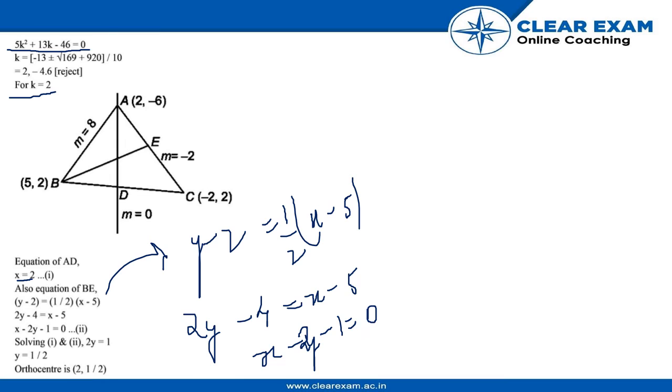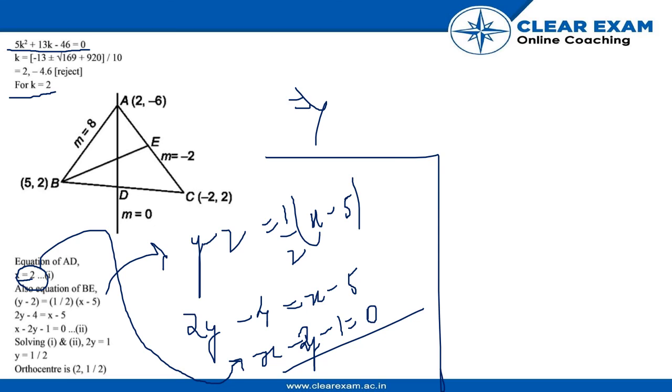We will number it our equation number 2, and we have two equations and two unknowns, so we can simply put the value of x equal to 2 in this equation. That means we are going to get 2 minus 2y minus 1 equal to 0.